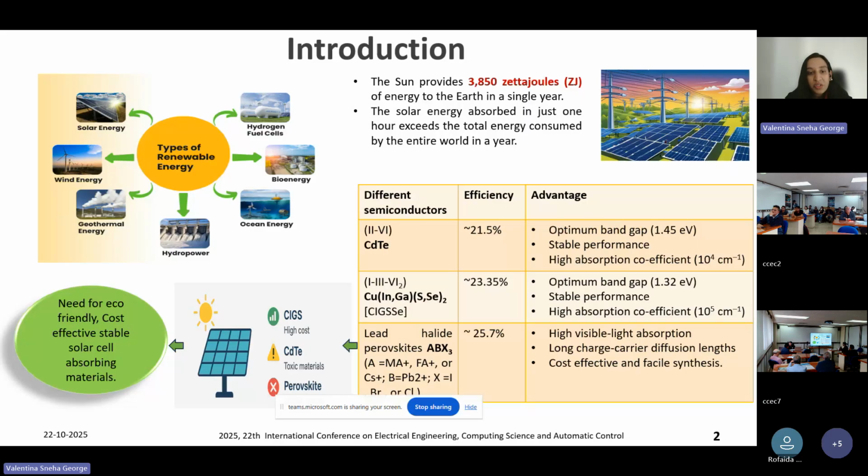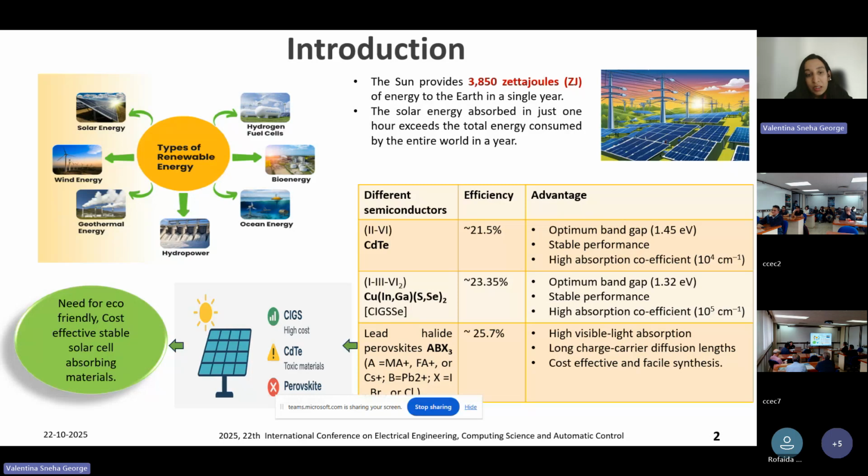Converting this abundant energy into electricity efficiently and sustainably is a priority globally. While crystalline silicon dominates the PV market, it still has efficiency and flexibility limits.